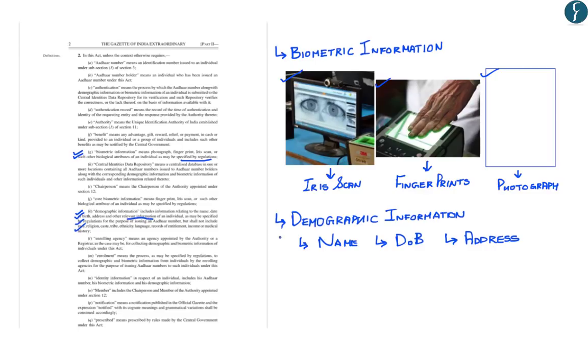So in the future, the Government of India can add more details even in the demographic information, apart from the information that have been exempted in section (k), such as race, religion, caste, tribe, etc. Hopefully, up till here, you've understood the biometric information, the demographic information, and how more biological attributes or demographic attributes can be added by the Government of India.